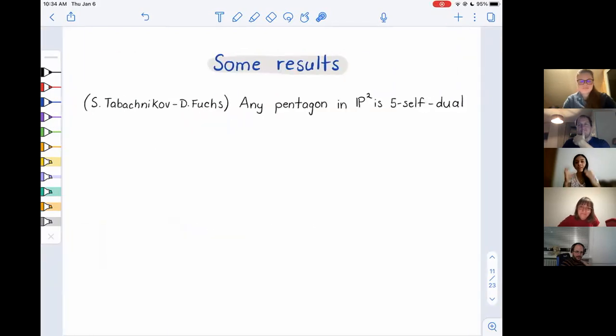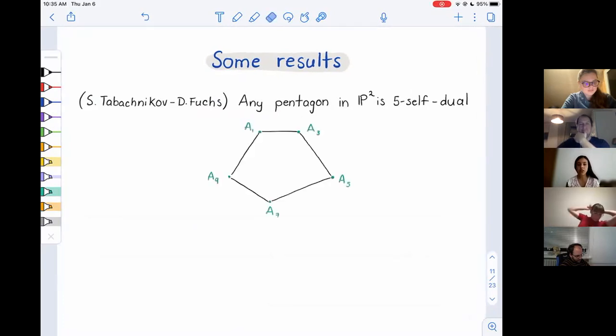But let me boil it down and go back to a very simple result that we know in this case. For instance, in two-dimensional projective space, a result by Tabachnikov and Fuchs is that all pentagons are 5-self-dual. What I mean by that is, here I have a pentagon, and the number of vertices coincides with the shift.